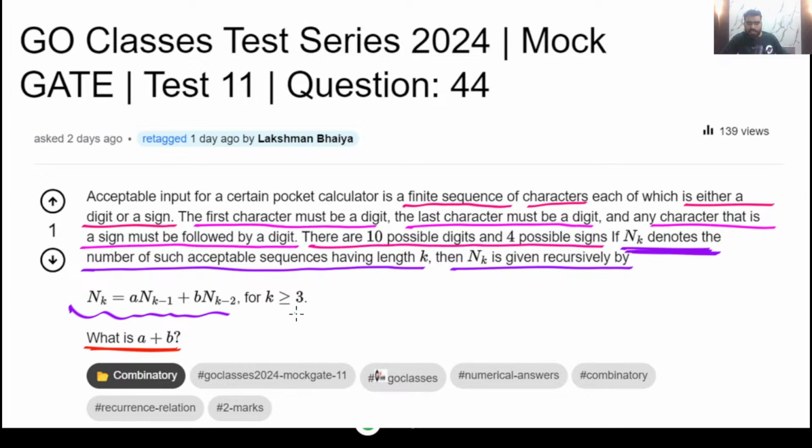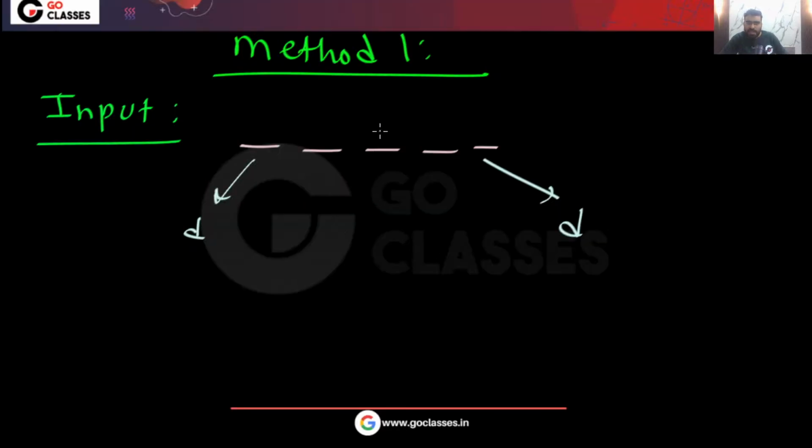If there is a sign character, then it must be followed by a digit. You cannot put a sign here, it must be followed by a digit. So every sign must be followed by a digit. This is what the question is saying. I hope you understood.